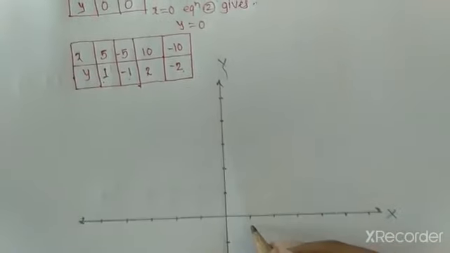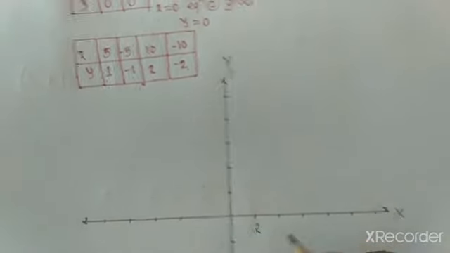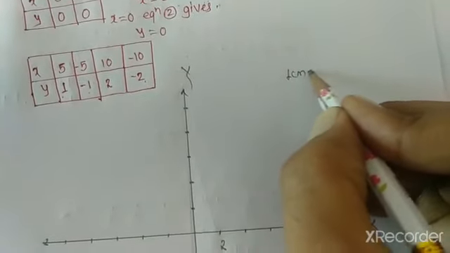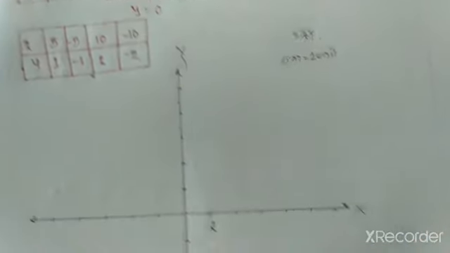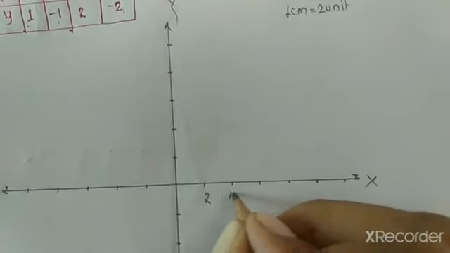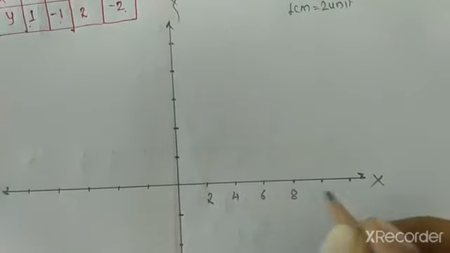We will take a scaling of 1 centimeter equal to 2 unit for both axes, for both x and y axis. So here it is 2, 4, 6, 8, 10.